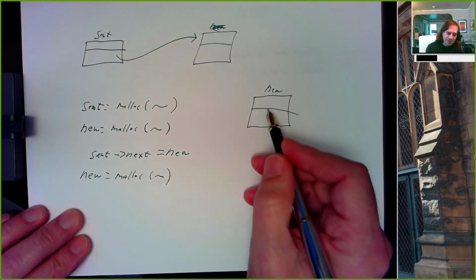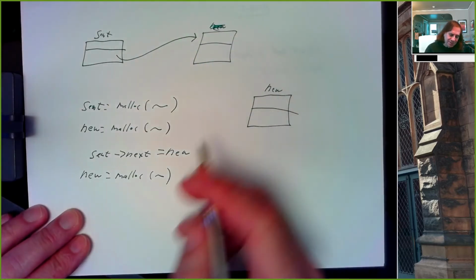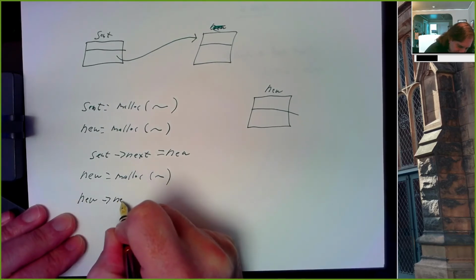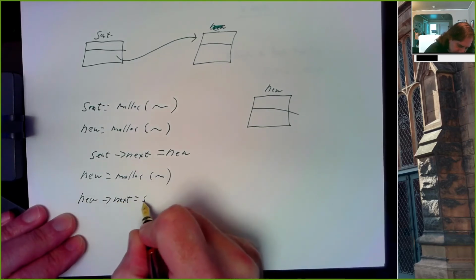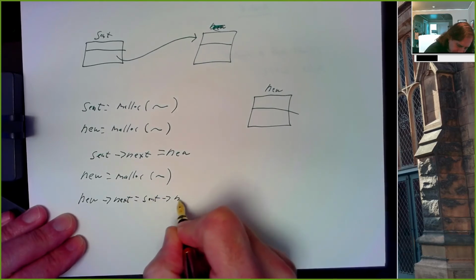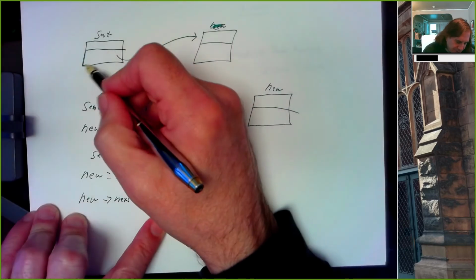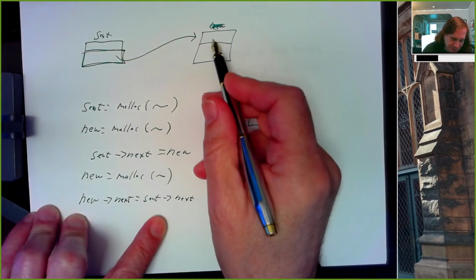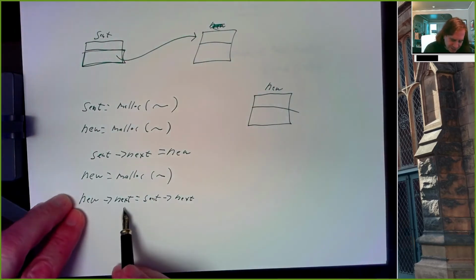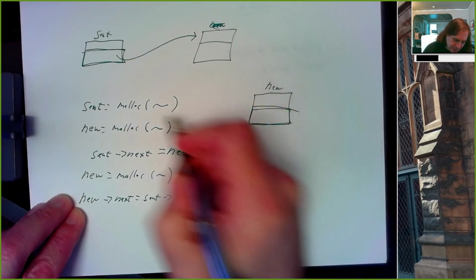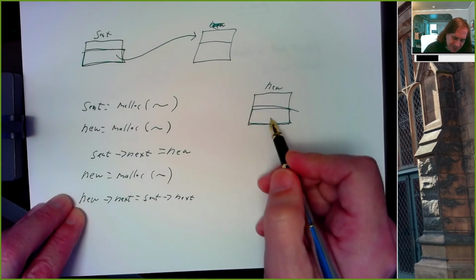If I wanted to put this right after the Sentinel, I could do something like this. New next equals Sentinel next. Sentinel next says, what's the address sitting right here? Well, it's the address of this block. This says take the next field of new and copy the value that's here to here.